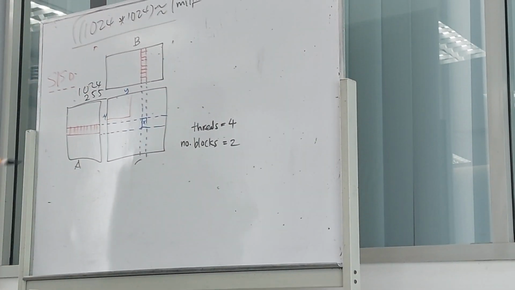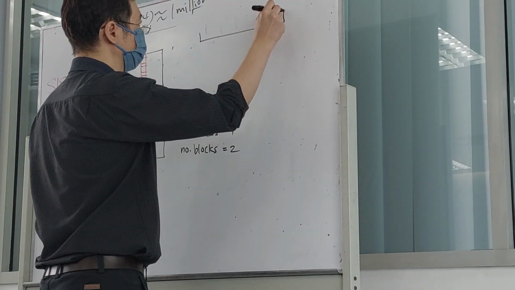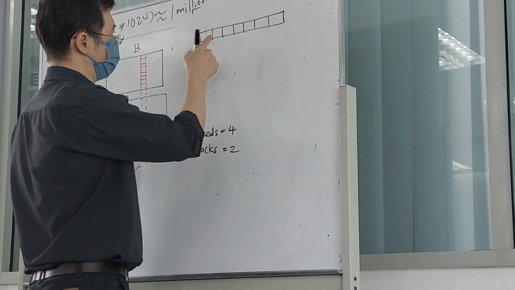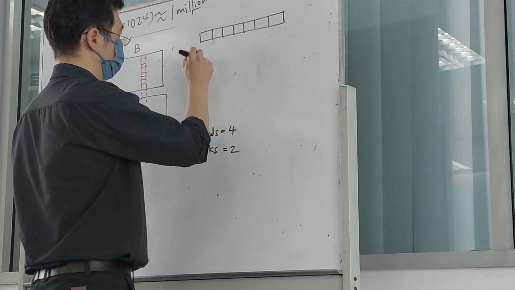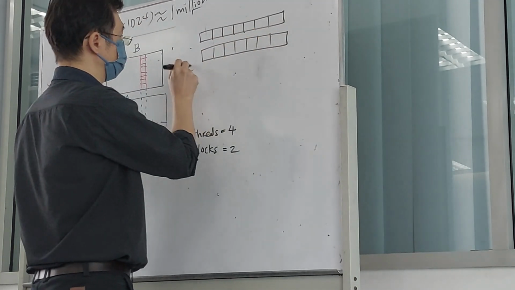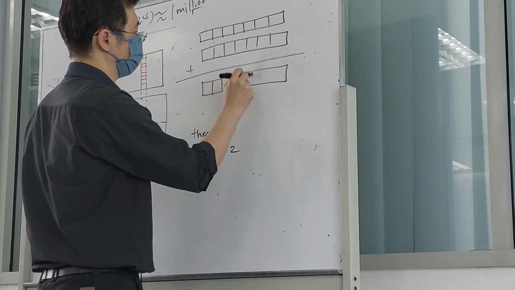The reason why I have 2 is because I got 7 elements: 1, 2, 3, 4, 5, 6, 7. So I do the same addition here to produce this vector C.